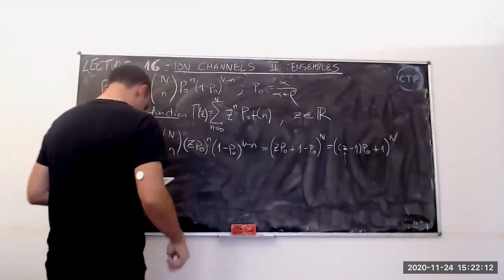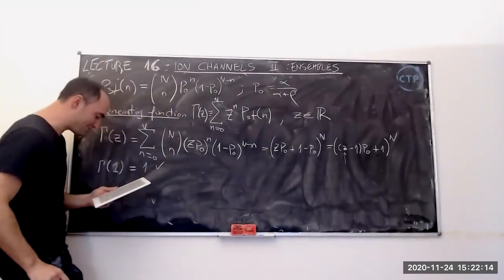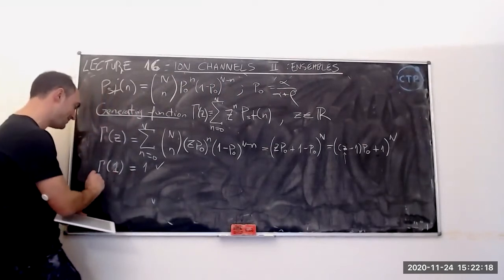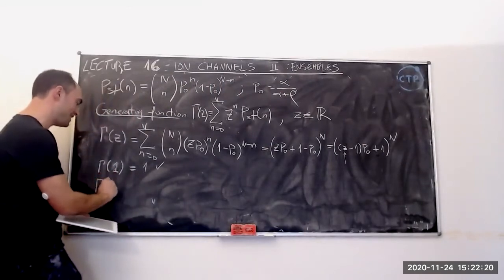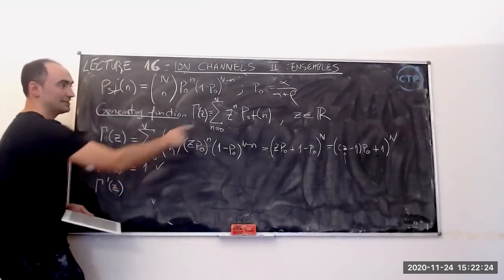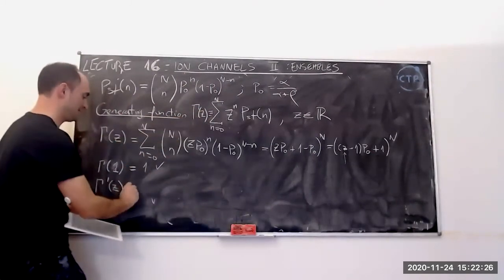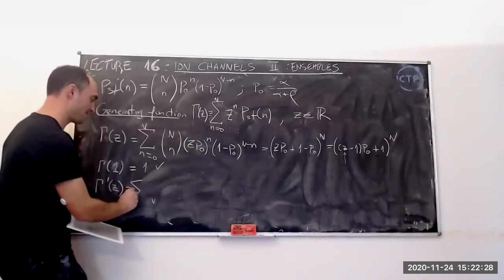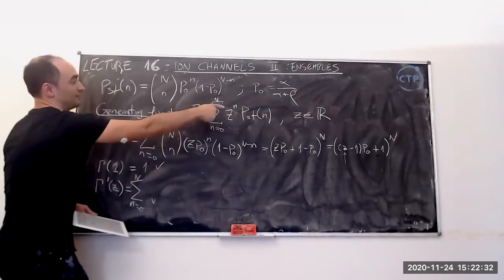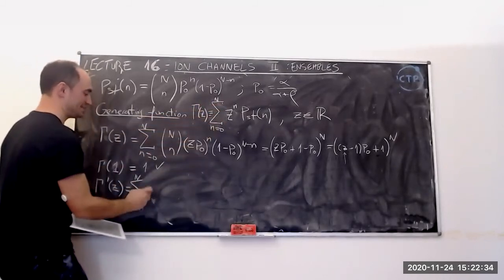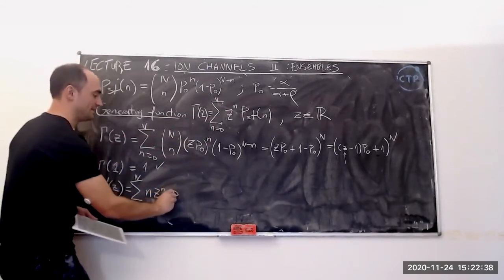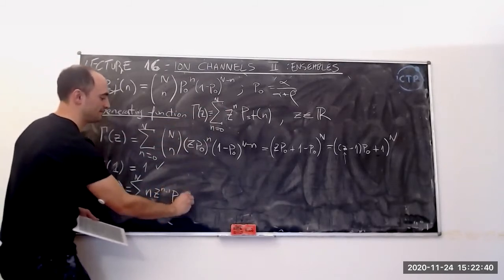And now I can do something a bit better. I can take the derivative of the generating function with respect to Z. So I take the derivative here, and this is the sum, n equals 0 to N, of n Z to the n minus 1 times P of n.